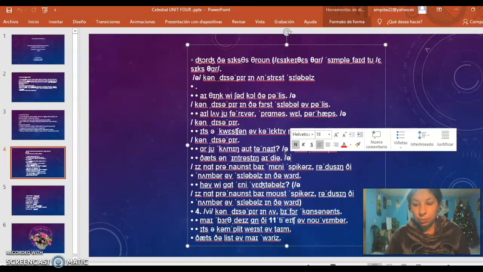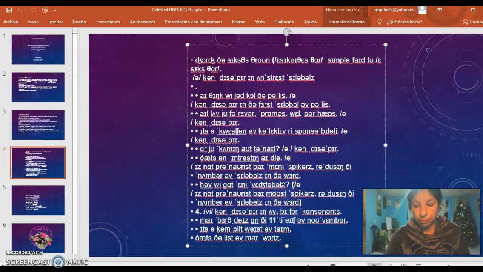The vowel is not pronounced by many speakers, reducing the number of syllables in the word. Have you got any vegetables? The vowel is not pronounced by most speakers, reducing the number of syllables.